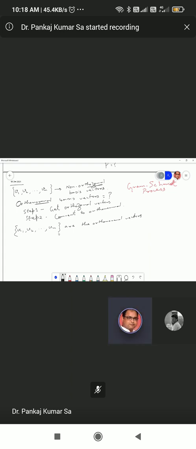Actually these are the things we have to find out. We need to find u1, u2, un in terms of v1, v2, vn. The very first step is to take any one vector as a part of the orthonormal vectors. Let me start from the first one. So let us take u1 is equal to v1.